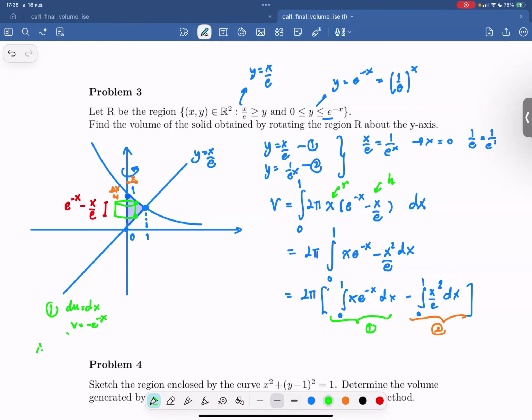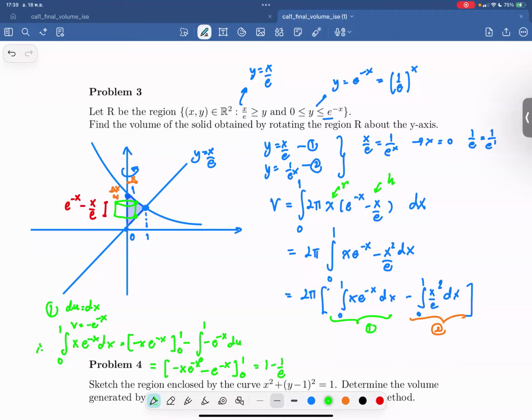So the integral from 0 to 1 of x e power minus x dx is uv minus the integral of v du by using integration by parts. So this should be minus x e power minus x, and then minus e power minus x from 0 to 1, which is 1 minus 2 over e.